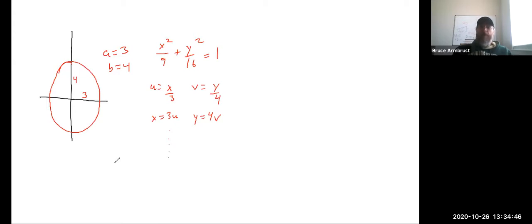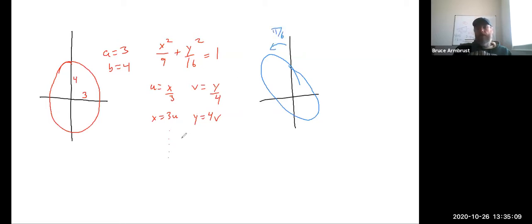But what about the rotation? Because this is all well and good, but what we really want is, I'm going to exaggerate it a bit, but we want that, right? Where we've rotated pi over 6.